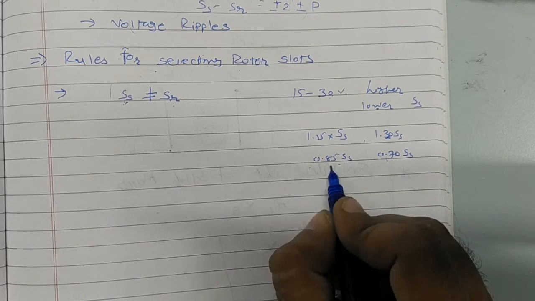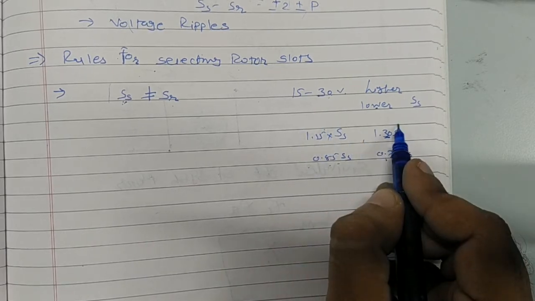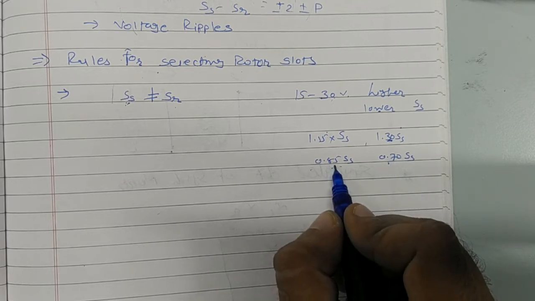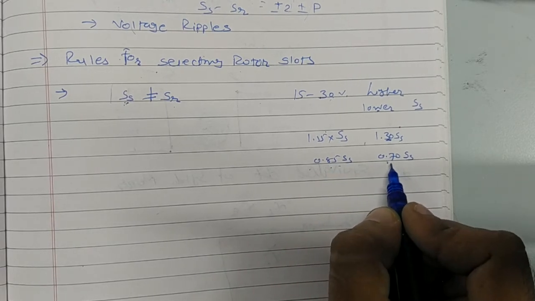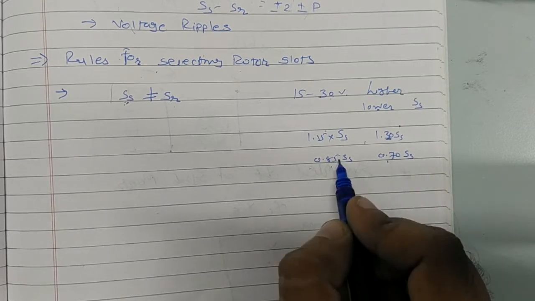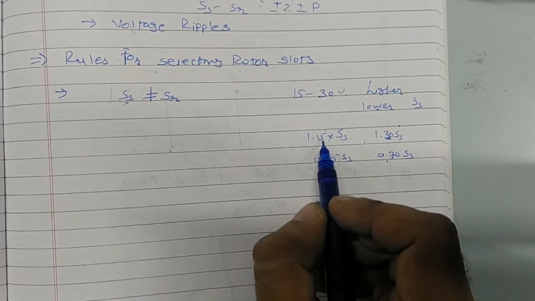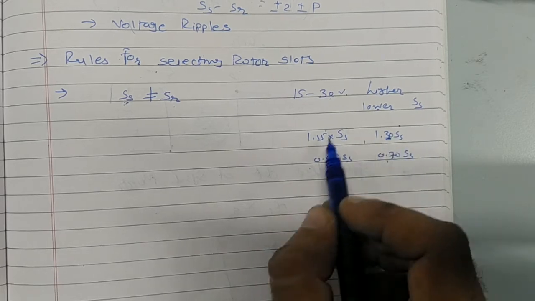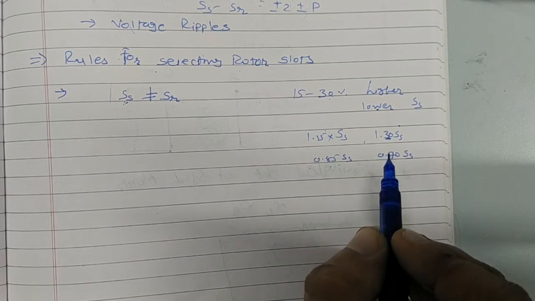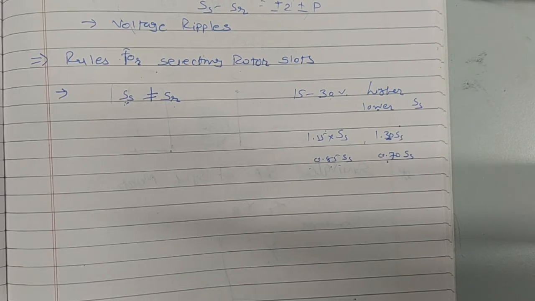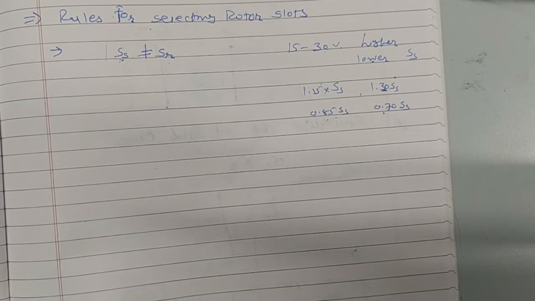So this is one range and this is also one range: from 70 to 100, or 85 to 100, or 100 to 115, or an additional 30%. Any of these numbers can possibly be a good number for the selection of the rotor slots. So this is the first rule.